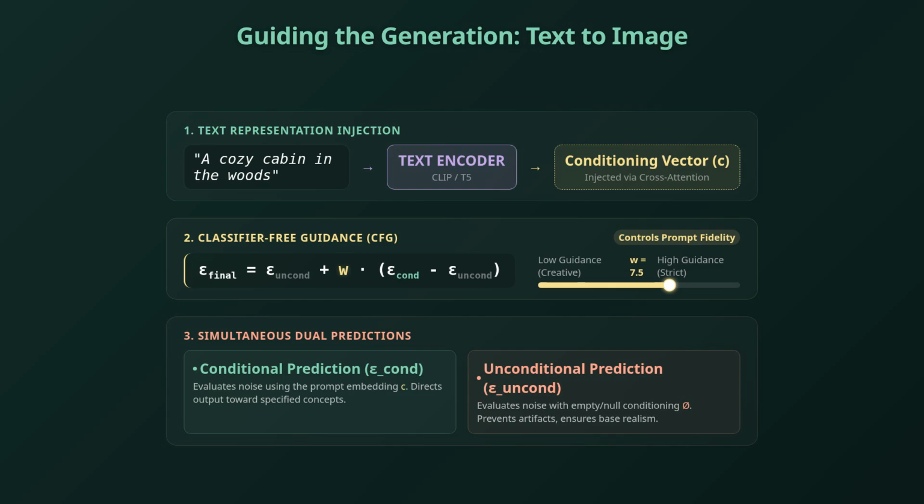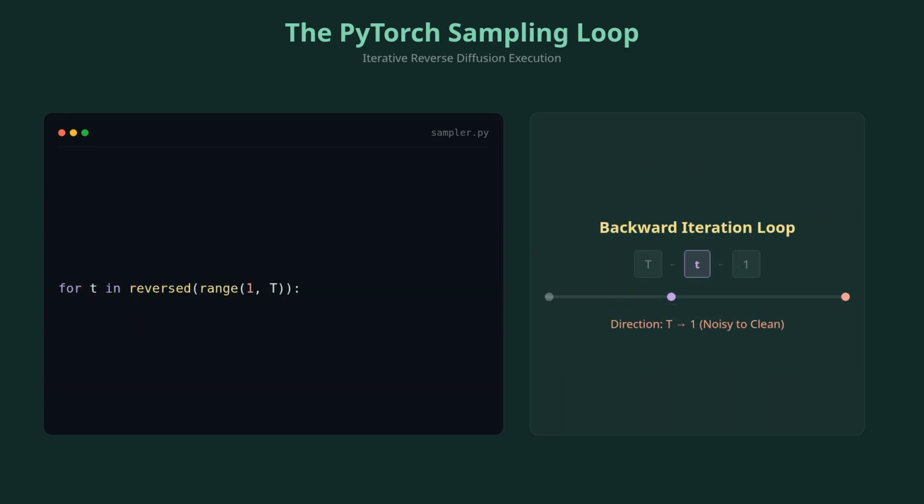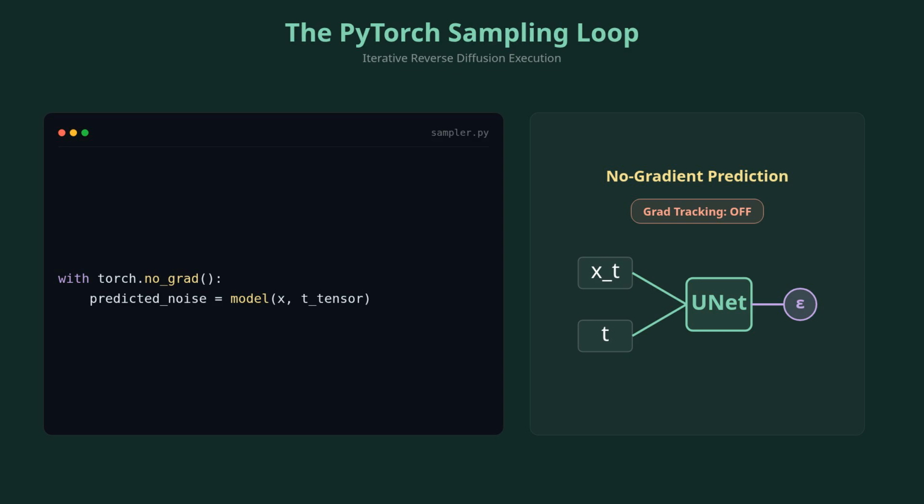To bring this entire mathematical framework to life, we can look at a simplified implementation of the reverse sampling loop in PyTorch. We begin by initializing our starting tensor, x, with pure noise sampled from a standard normal distribution, matching our target latent dimensions. We then enter a loop that runs backward from our maximum time step, t, down to 1, tracking our position.